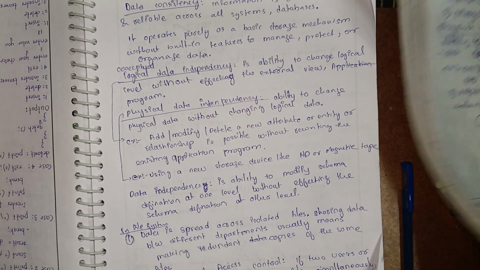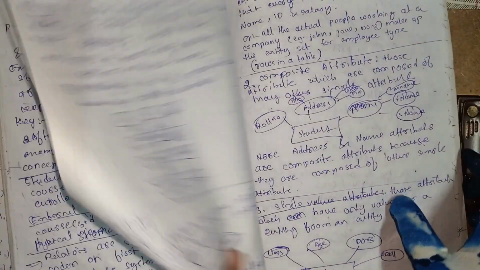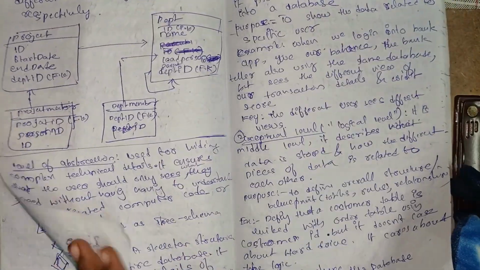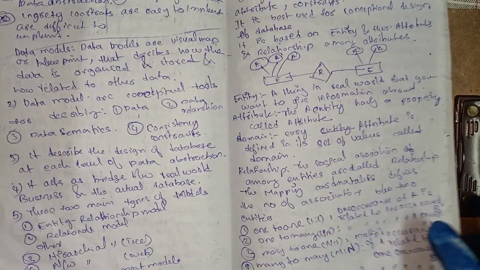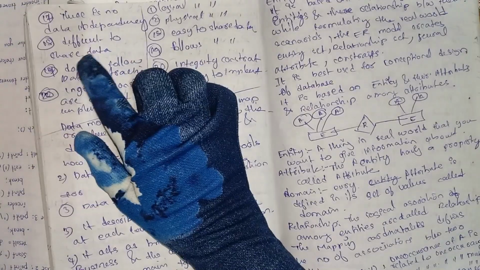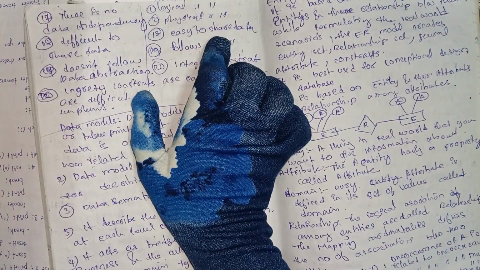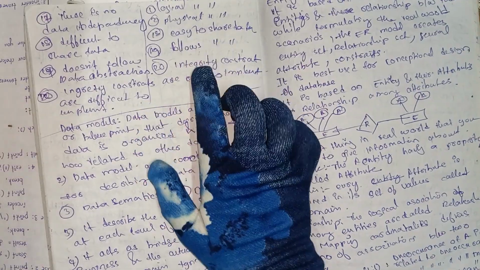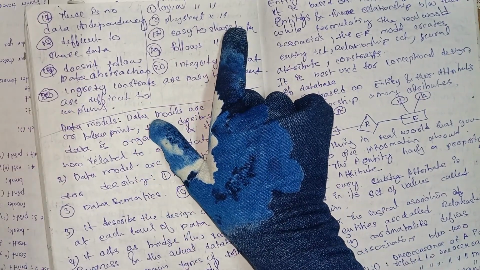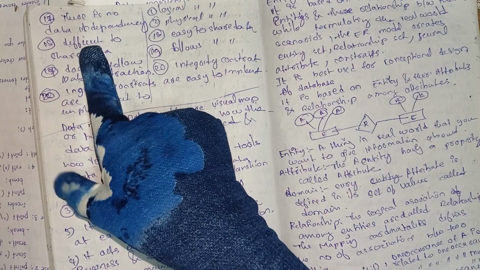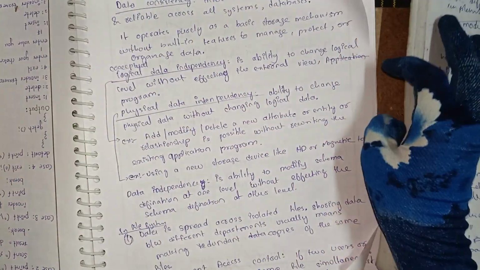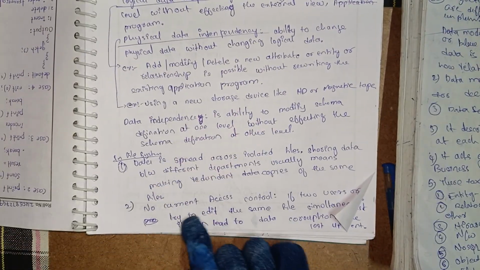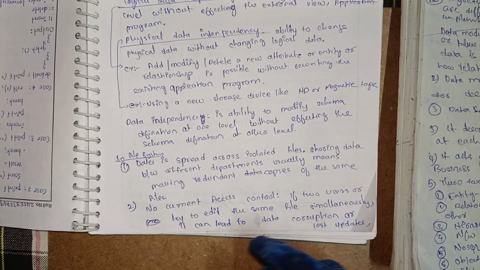And then we have difficult to share data and easy to share data. In the DBMS it is easy to share, and in the file system it is difficult to share data. Why? We will understand by using examples.